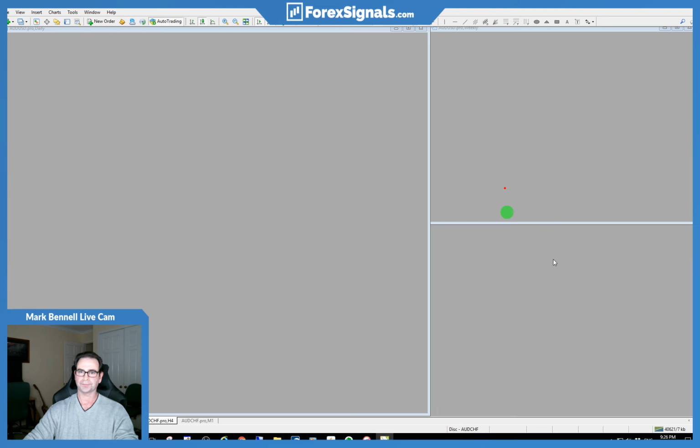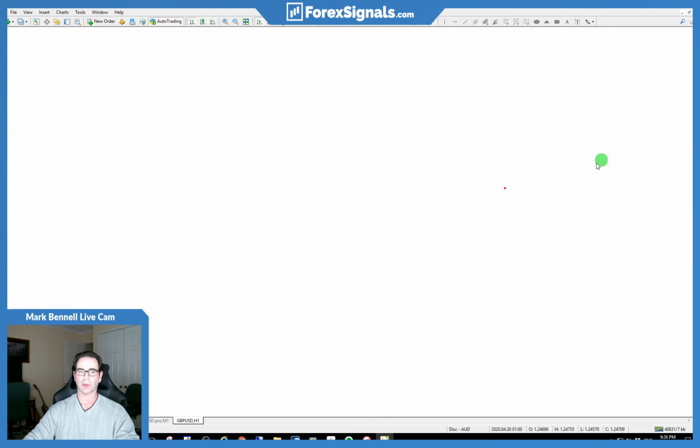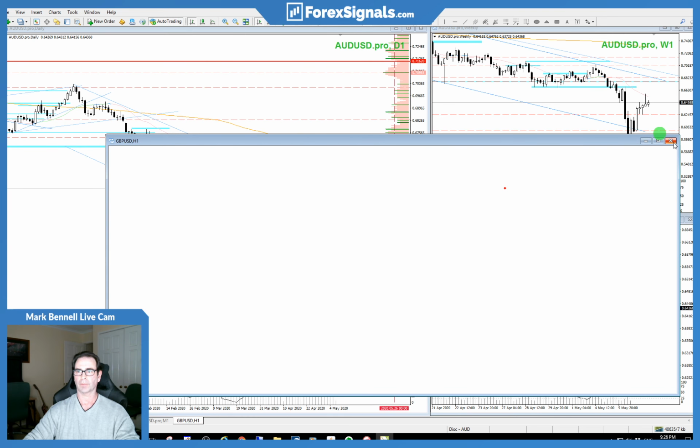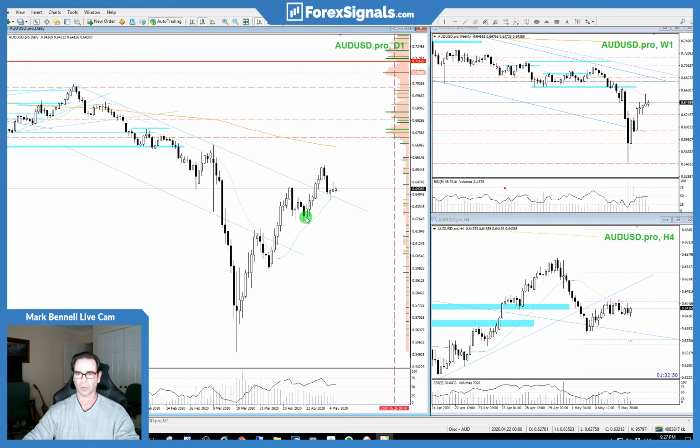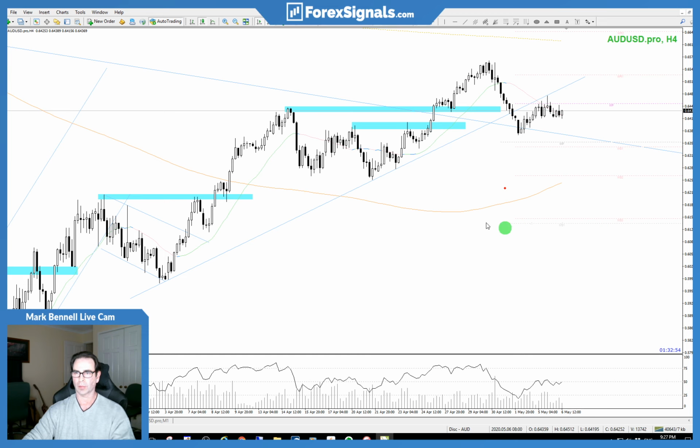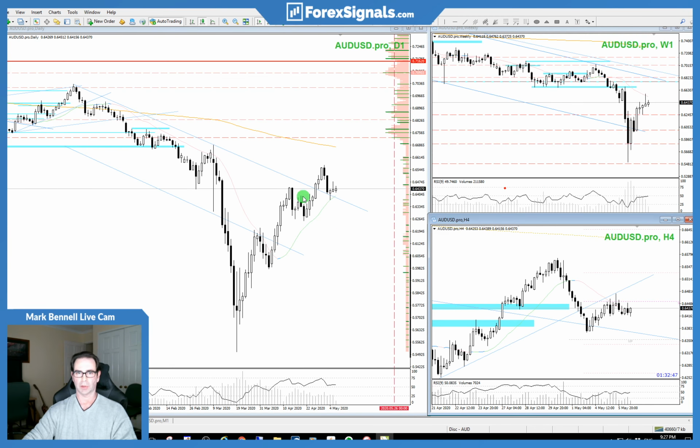Aussie dollar. There's a couple just last week. Oh, there we go. It was on Aussie dollar. No, these are bigger versions.